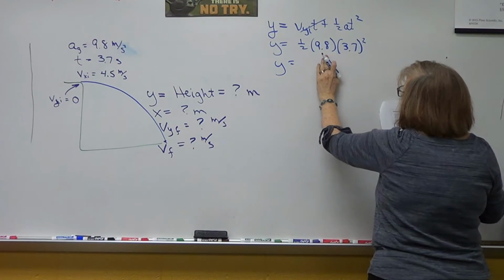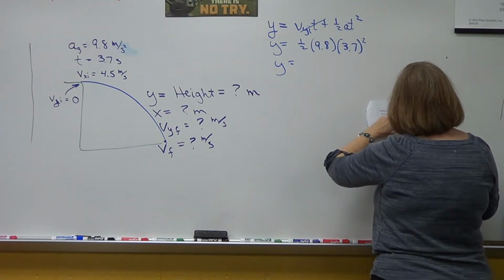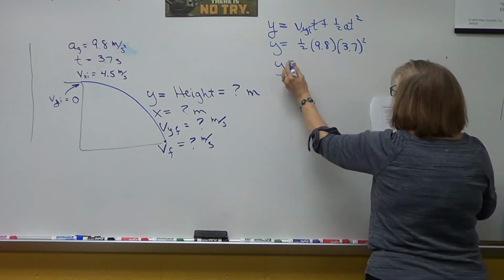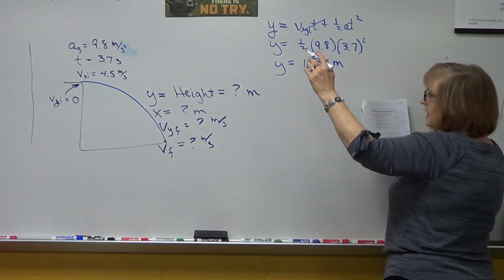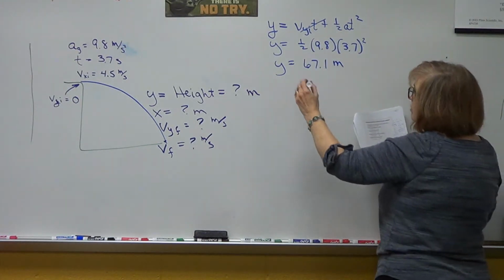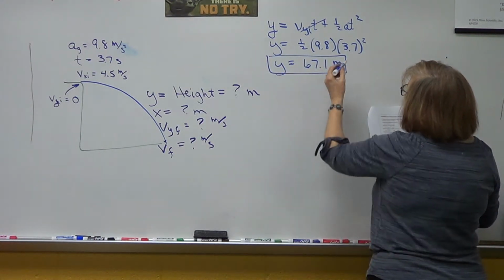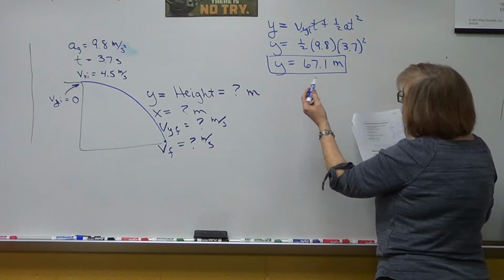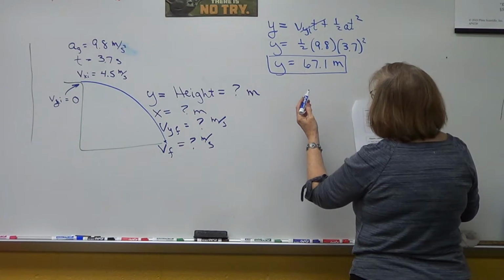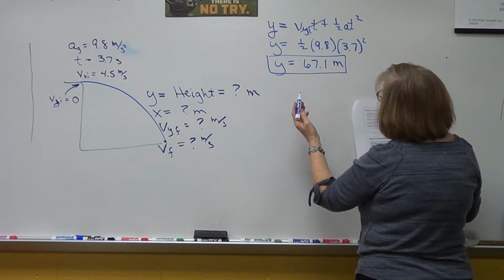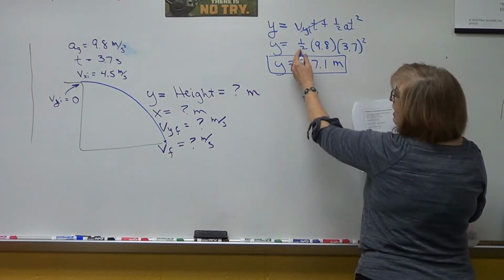And this is 4.9 times the 3.7 squared, and you end up with 67.1 meters that it fell vertically. Okay. All right, so this would be 9 something, and logically it's closer to 10, or closer to 4 squared, which would be 16. Then it's 1/2 of that, so that's close.